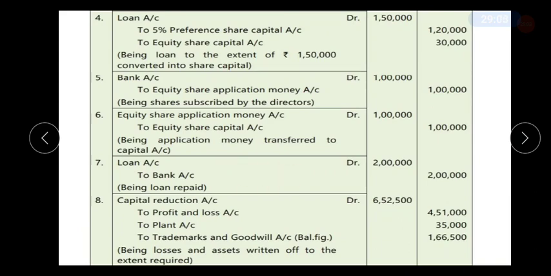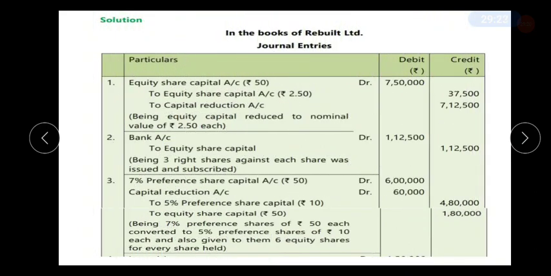So bank is repaying the loan. Your 2 lakh loan is settled. So what is the source for this bank? You have issued fresh equity shares. That means you have received 1 lakh here, and here also by issuing equity shares, you have received 1,12,500. So you have bank balance. You can pay from bank. You have a source for it.